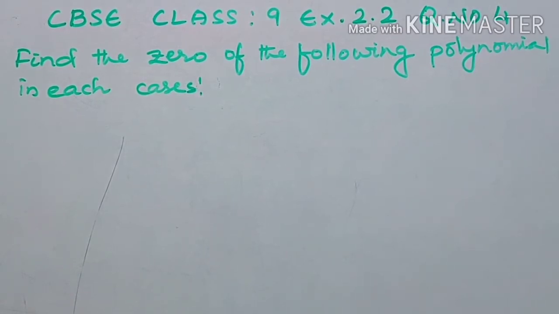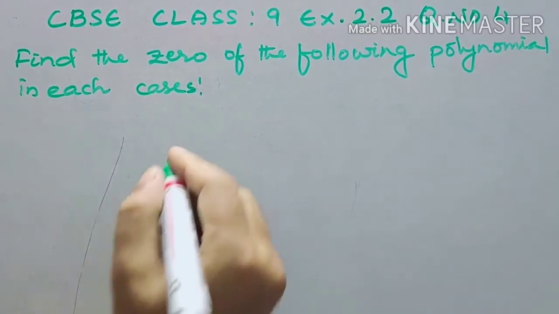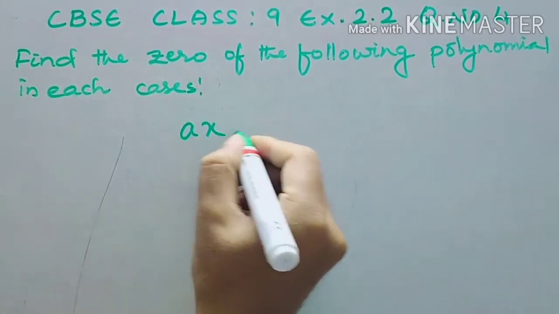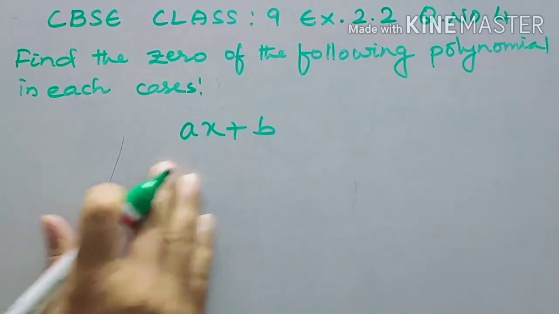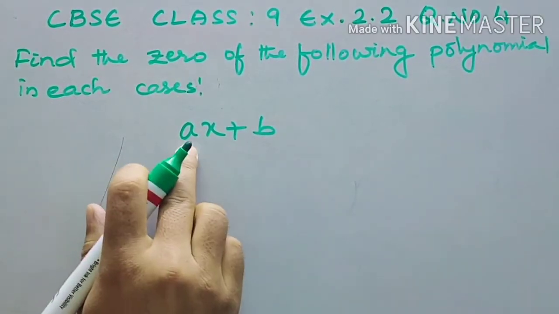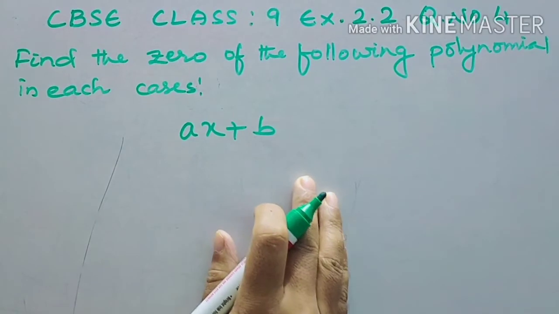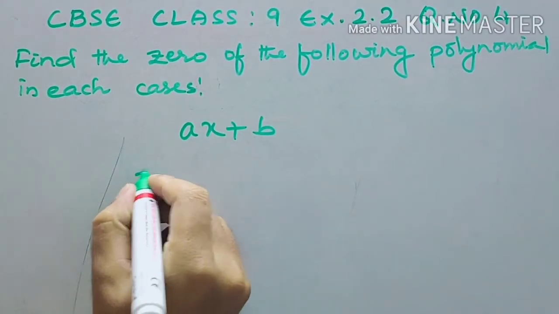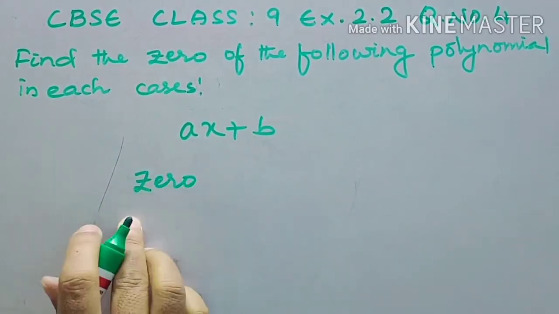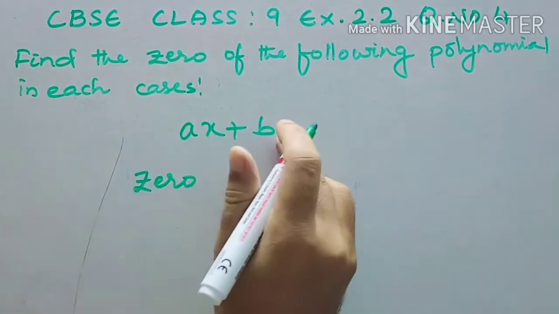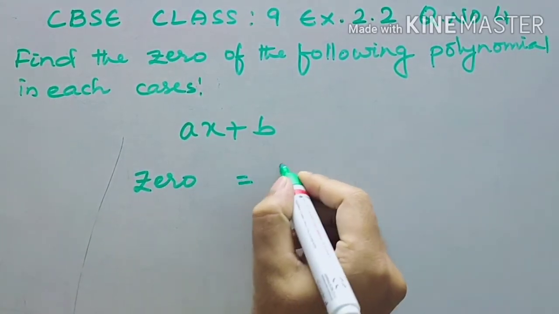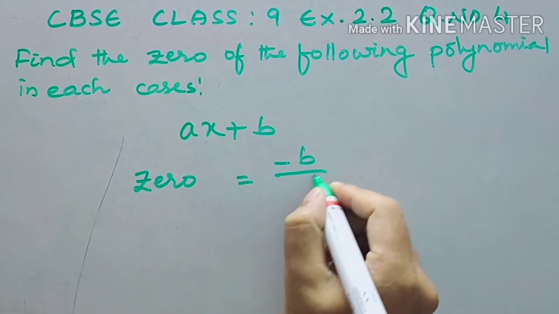And also we have learned, especially we are going to learn here, the linear polynomial. A linear polynomial is in the form of ax plus b, as already we know, which means if we want to find the zero of this polynomial, the zero of this linear polynomial is given by minus b by a.